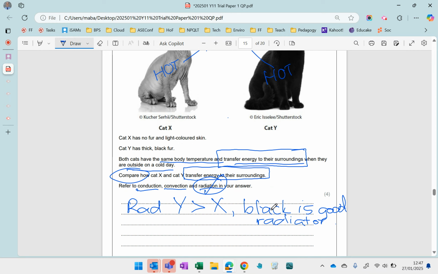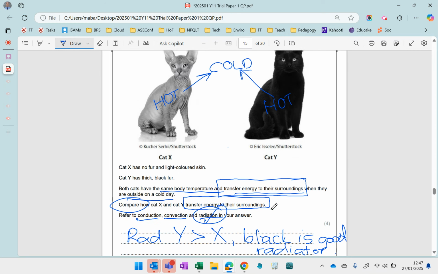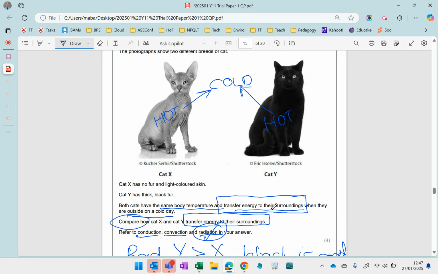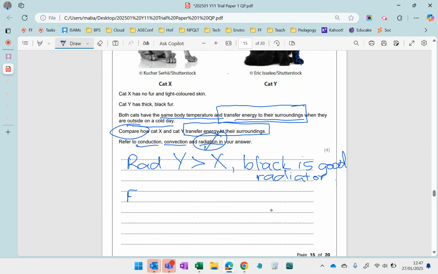All right, now let's think about conduction. Again, the heat's trying to go from the inside of the black cat to the cold surroundings, but the black cat has got lots of thick fur. Now, one thing that you might know about fur is that it's an insulator. And how is it an insulator?